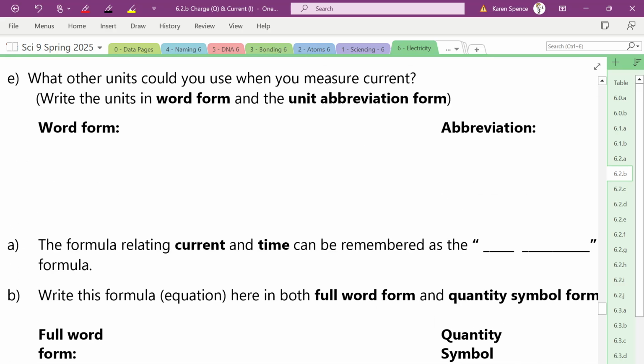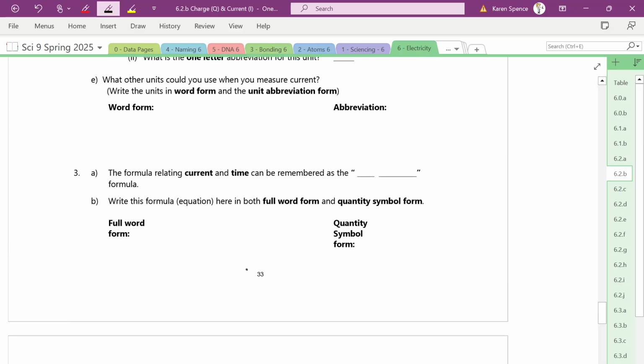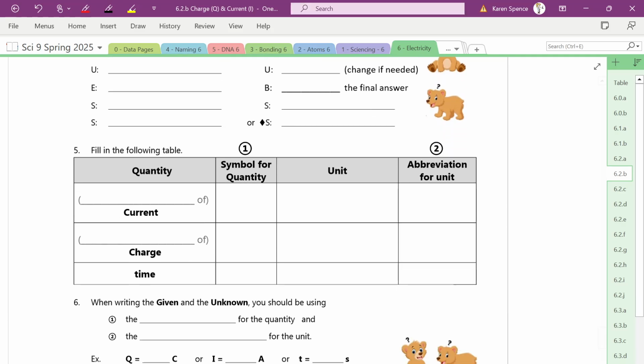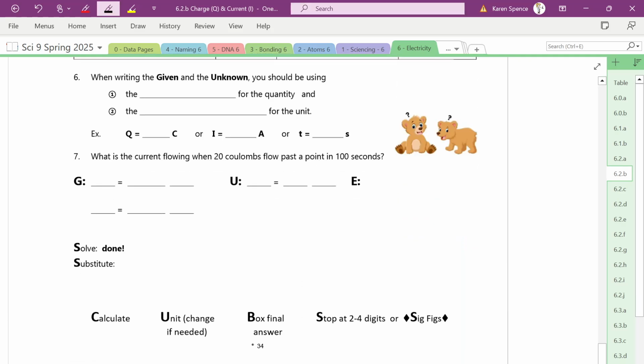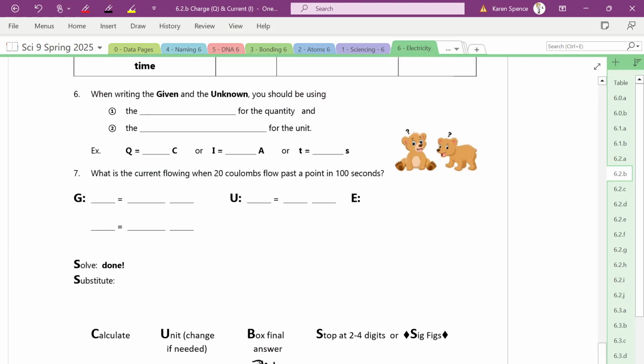So you guys could work on pages 33 and 34, and that's it for that. I'm going to give you about 20 minutes to work on that, and then we're going to start something a little bit new.